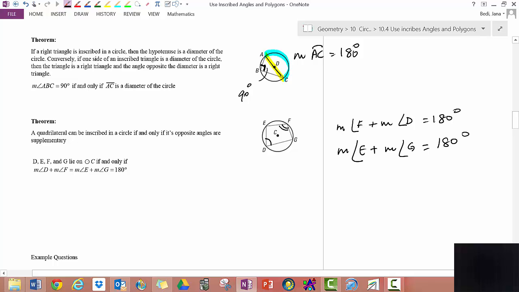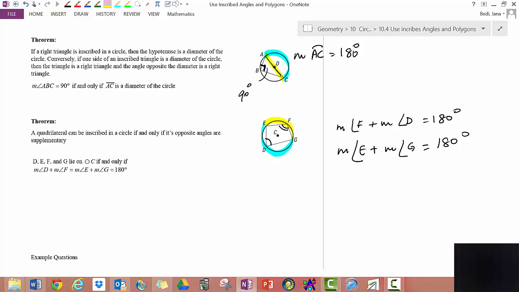This makes a lot of sense, because if you think about it, this arc EDG plus this arc EFG, they add up to 360 degrees. Their measures are 360.